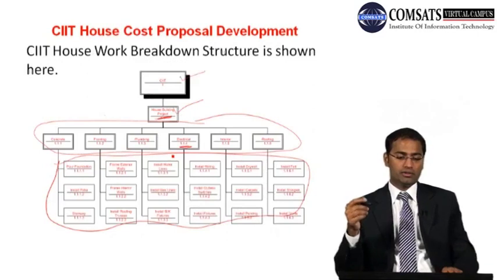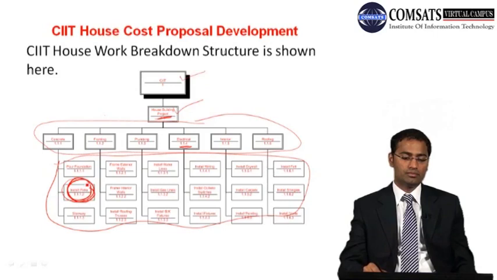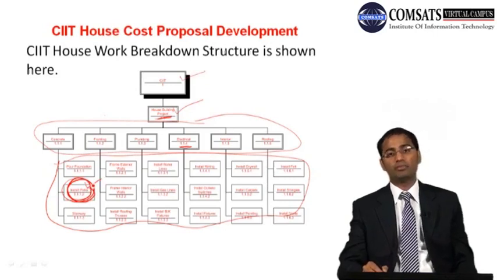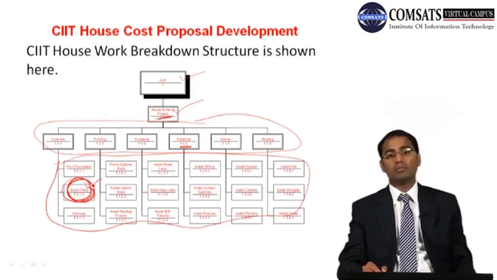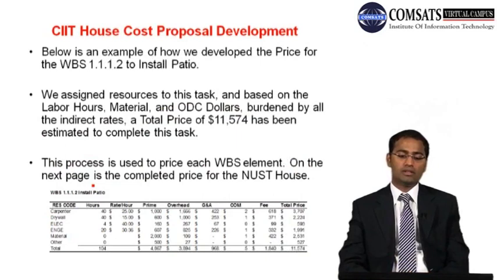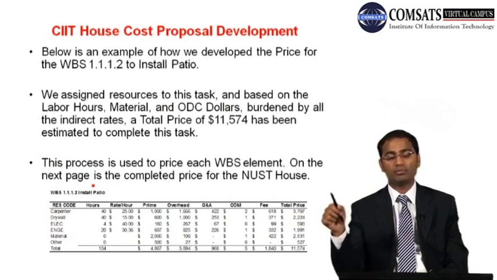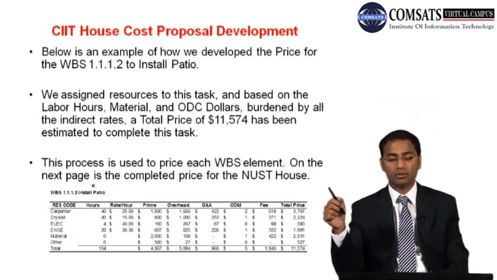So there is one activity, and there is work package 1.1.1.2, install patio. So we are actually going to have a cost analysis of that. So there is an example of how we develop the price for WBS work package 1.1.1.2 to install patio.